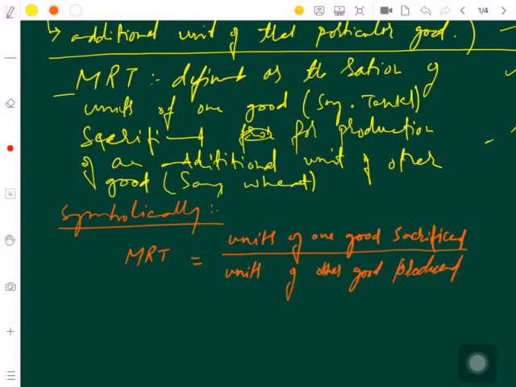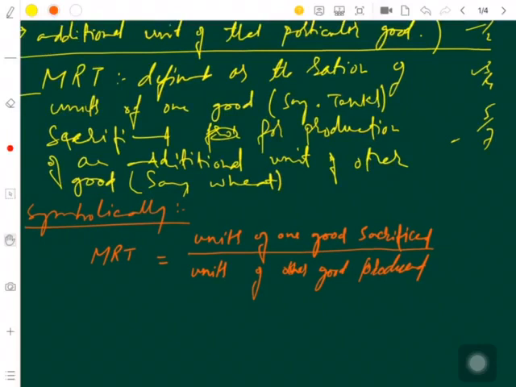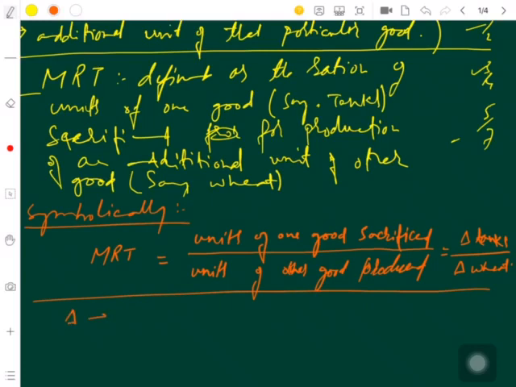When we sacrifice something, we'll be able to produce something. Or you can say it like, according to our previous example, equal to delta tanks, say we are sacrificing tanks to produce wheat, divided by delta wheat. Please note that in economics, delta indicates change. That means change in tanks divided by change in wheat.